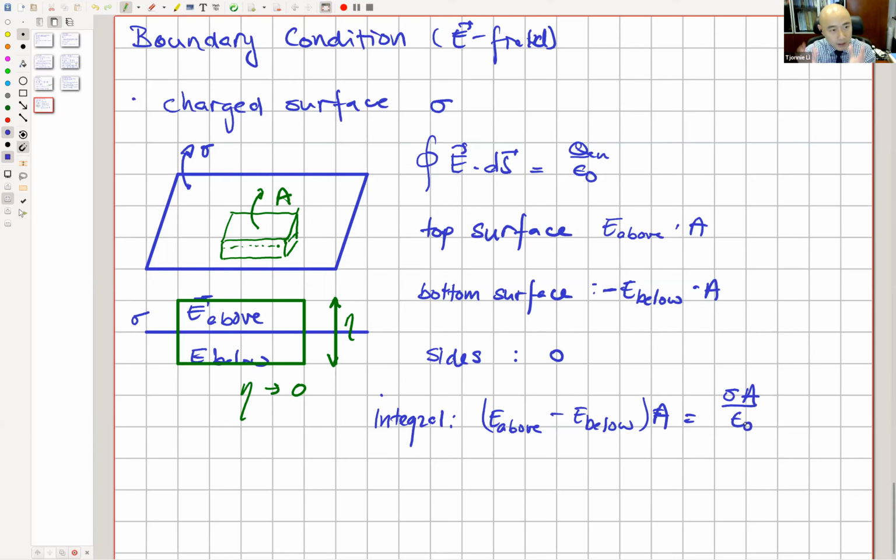By construction of the way we created this box, we are only considering the component normal to the surface.